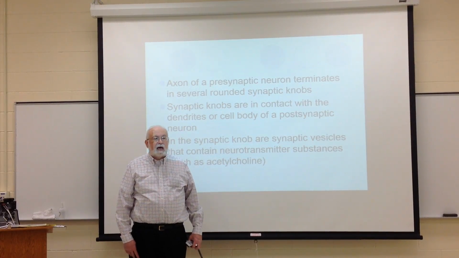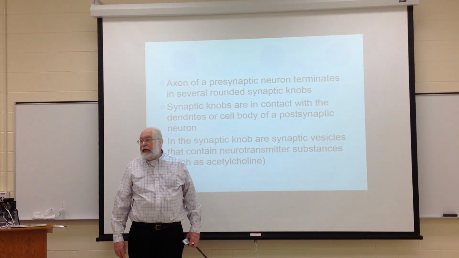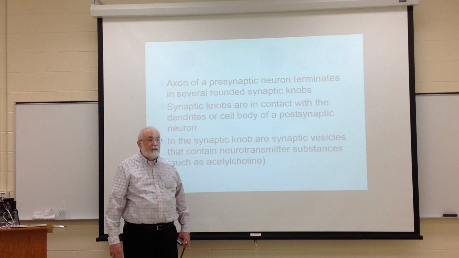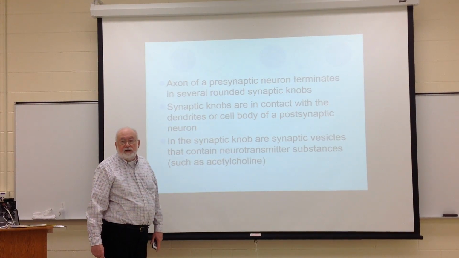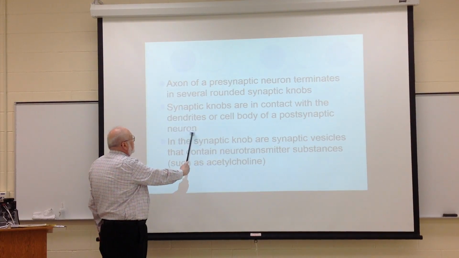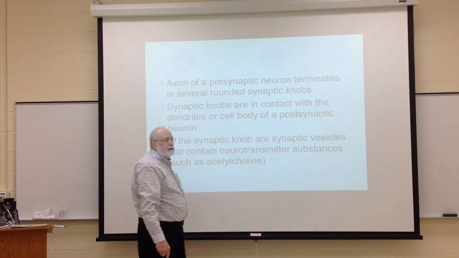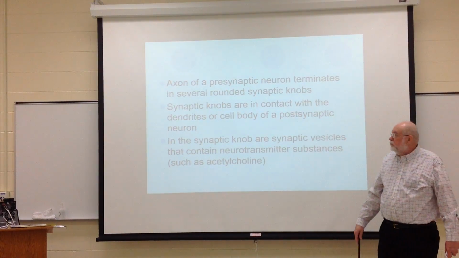And when an impulse comes down to that area, we're going to find this neurotransmitter released. And it's going to then stimulate the postsynaptic neuron, or generate, if you will, an action potential in it. So the synaptic knobs are in contact with either the dendrites or the cell body of the postsynaptic neuron. No shock there.